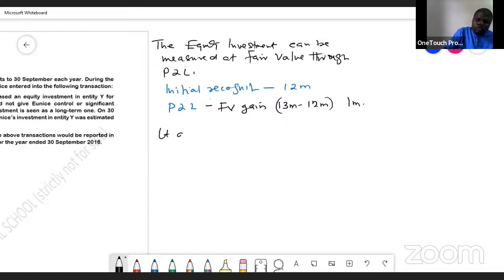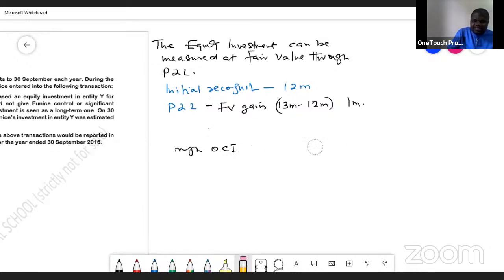You can also say that it can also be measured at fair value through OCI. So let me rewrite that.